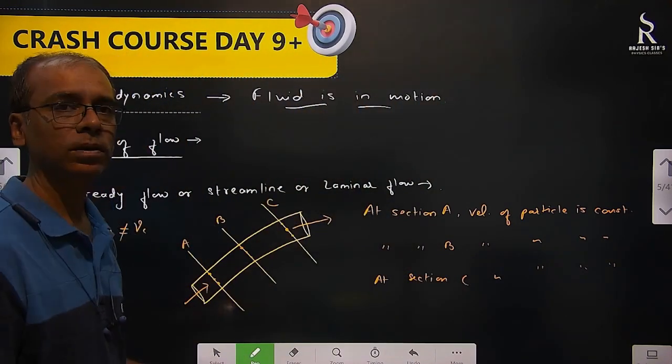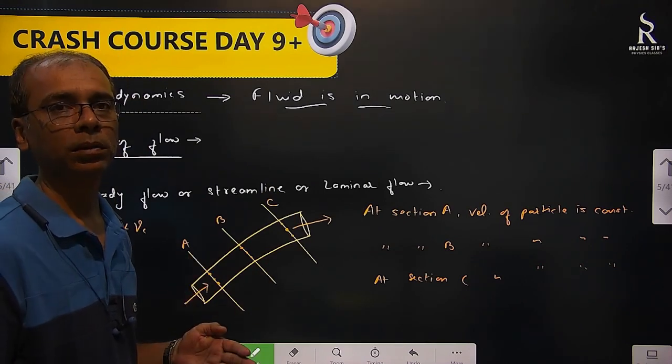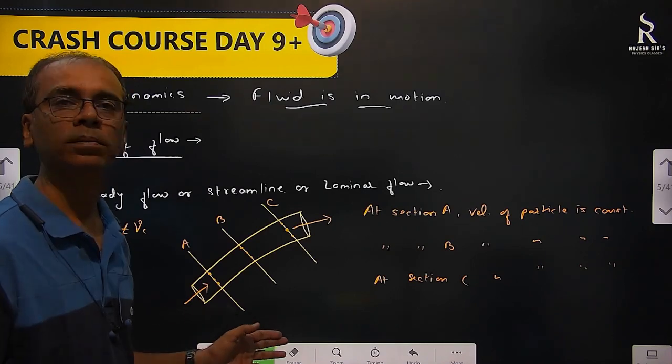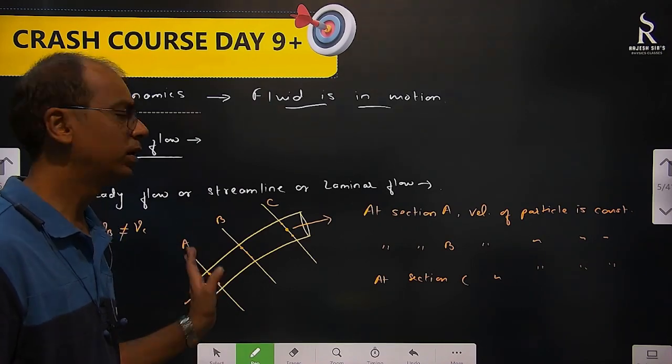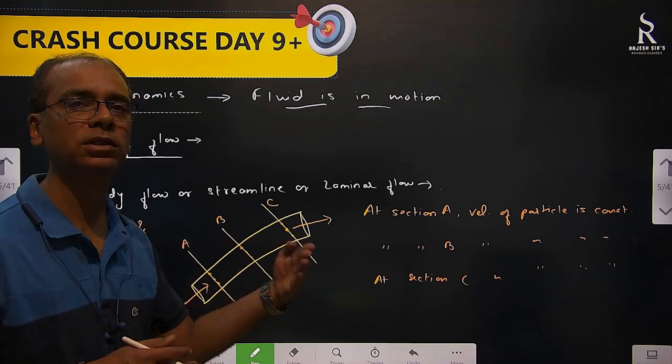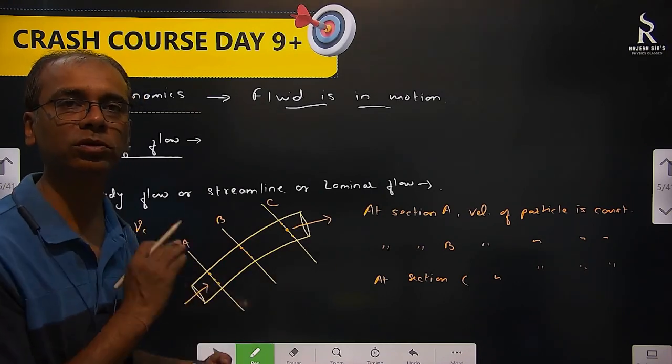But at A, if you are going to do the measurement, you will find that they will have same velocity. Different meters if you put over here, VB will show you always constant, VC will show you always constant, VA will show you always constant.